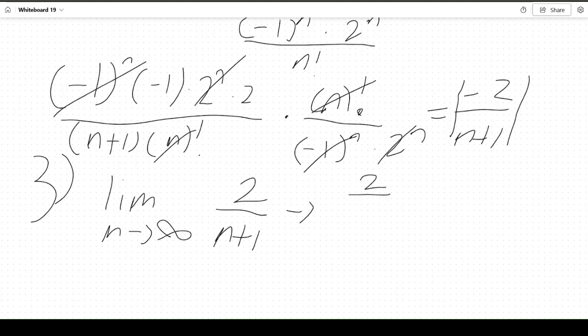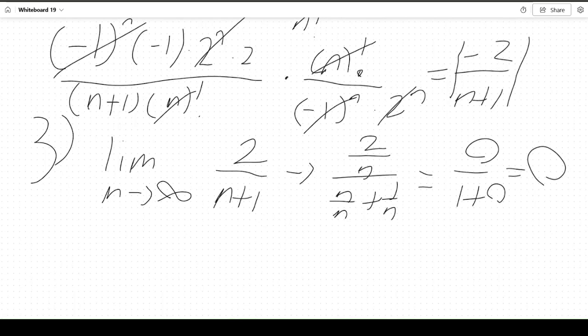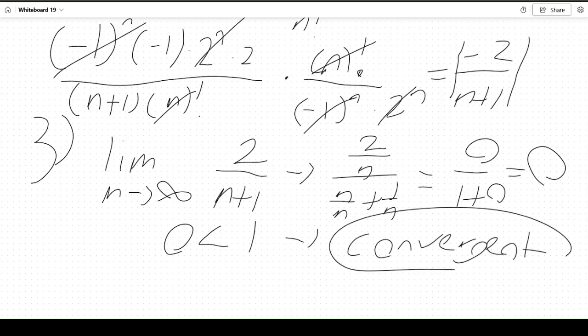So this will be 2 over n and n over n plus 1 over n. This will be equal to 0, this will be equal to 1 plus 0, and all in all, this will be equal to 0. We see that the number is less than 1, so this is convergent. This ratio test is convergent.